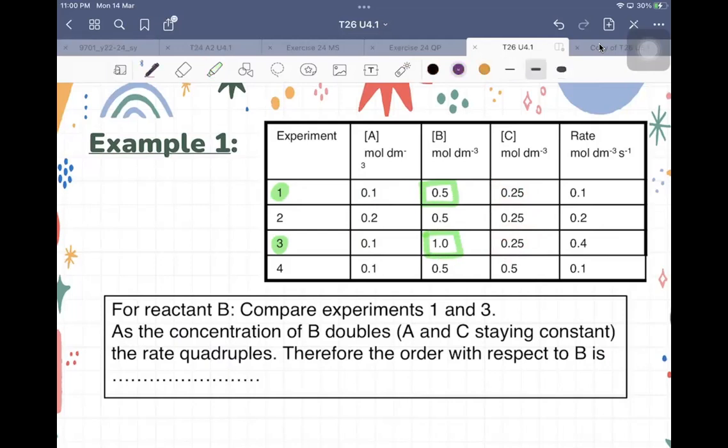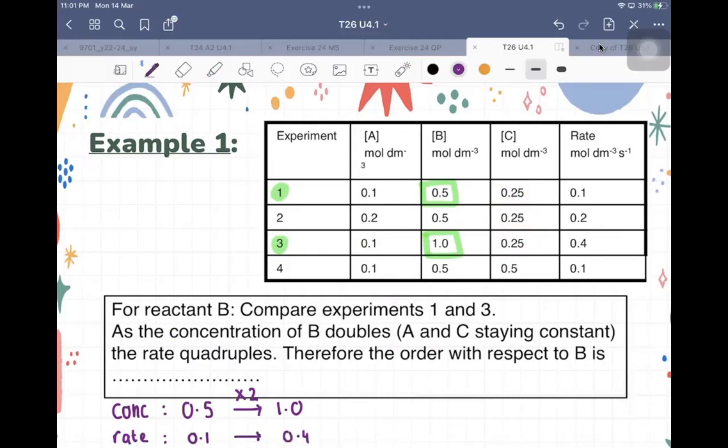If we write this down, concentration goes from 0.5 to 1.0, and that is a multiple of 2, times 2. And the rate at 0.5 is 0.1. The rate at 1.0 is 0.4.